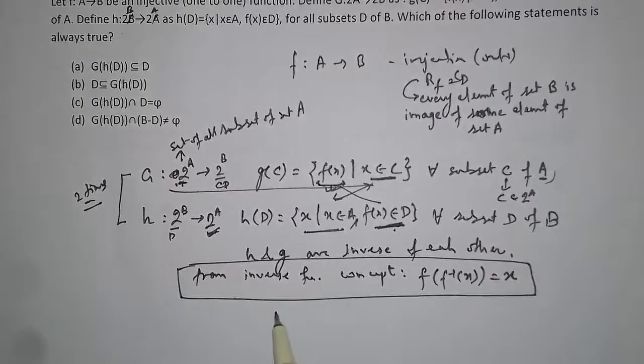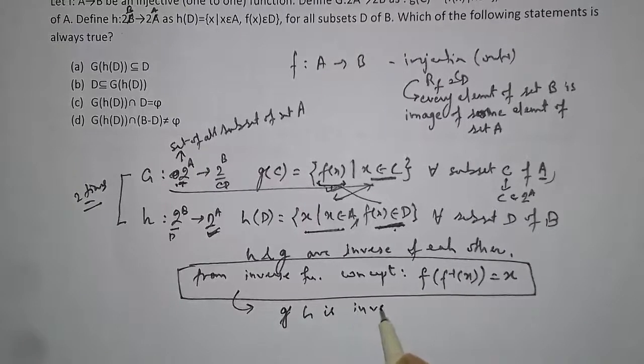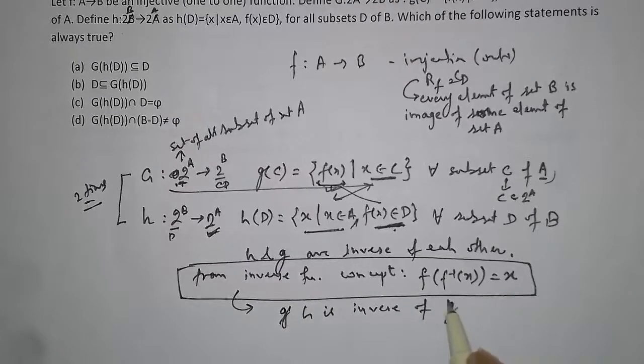Now, using this concept, because g is the inverse of h, or you can say that h is the inverse of g, in place of f inverse I will write h, and the argument of h is D. In place of f I will write g.